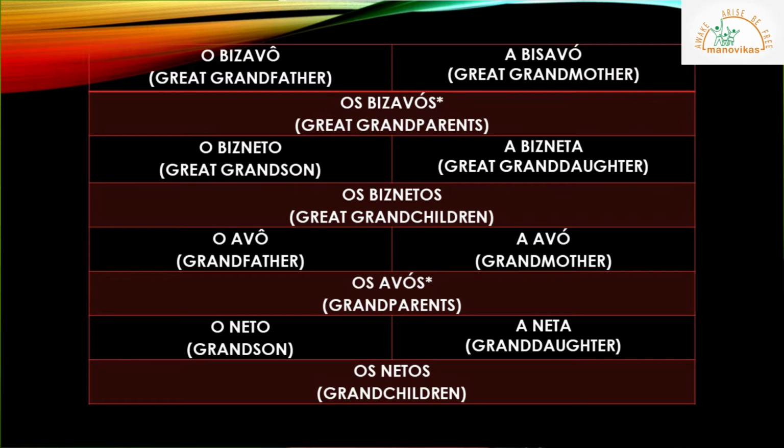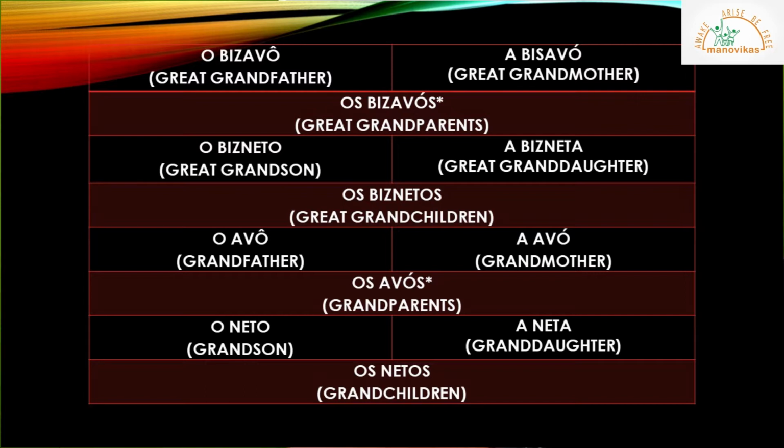Together they become os avós. Now in order to call yourself, what would you be of your great grandparents? You would be the great grandchildren. So you will be o bisneto, a bisneta, the great grandson and the great granddaughter. Os bisnetos, which is the great grandchildren.